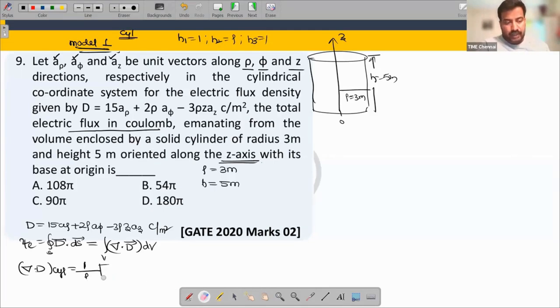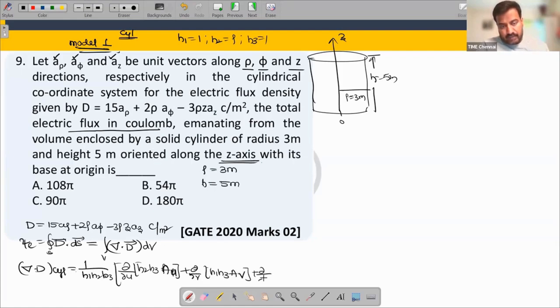Shall I write the general formula? 1 by h1 h2 h3, dou by dou u of h2 h3 au, plus dou by dou v of au h3 h1 av, plus dou by dou w of h1 h2 aw. Now substituting.